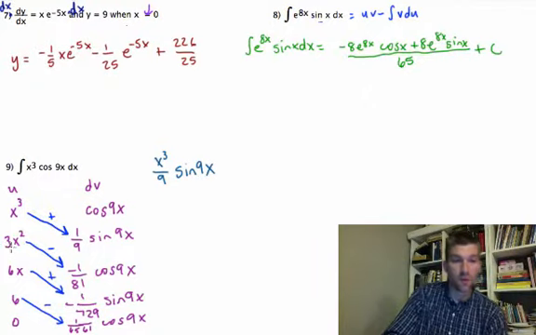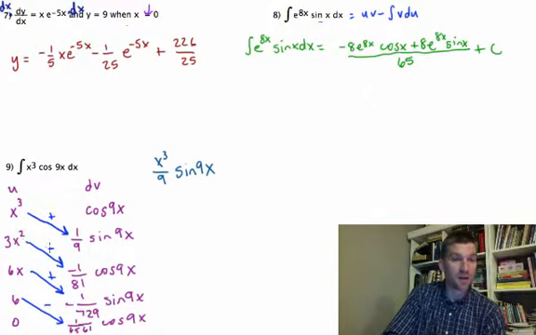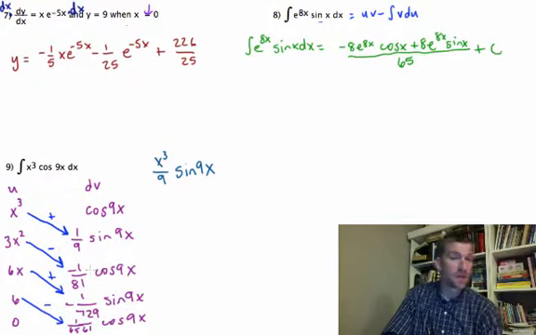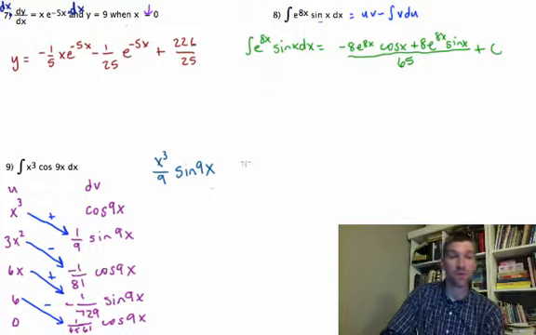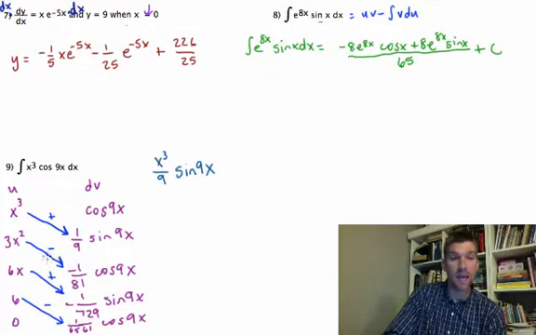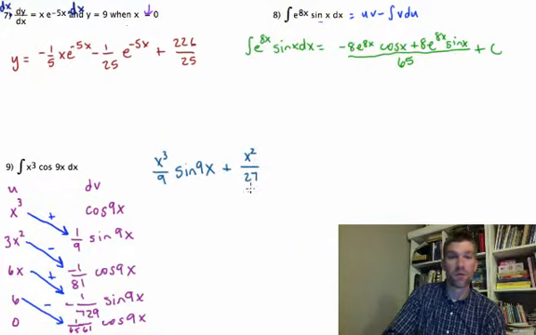Okay, next row. 3x squared times negative 1 times negative 1/81. Well, 3/81 reduces to 1/27. And a negative times a negative is a positive. So plus x squared over 27 times cosine 9x.